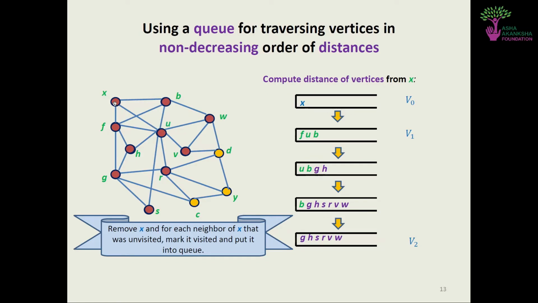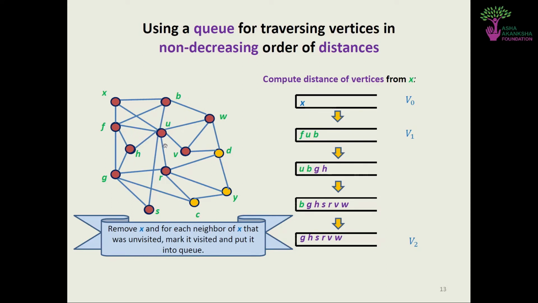Since we encountered f first, we did not add u again, because you can see that there is an edge between f and u, so you could say that since there is an edge, we will add u again. But that is not done, because u already had a distance assigned to it, so we did not add u again.